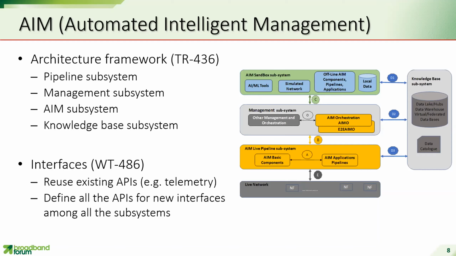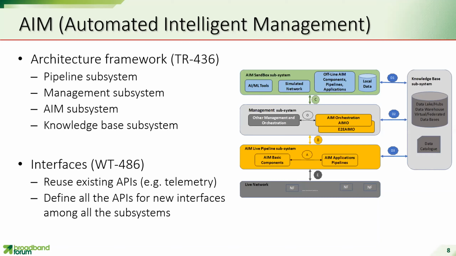The framework identifies the necessary functional blocks, logical connection descriptions, and information flows between the modules. WT 486 is defining the interfaces for machine learning and interconnecting to existing operation support systems.